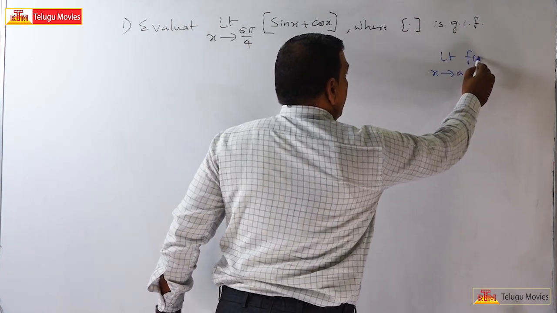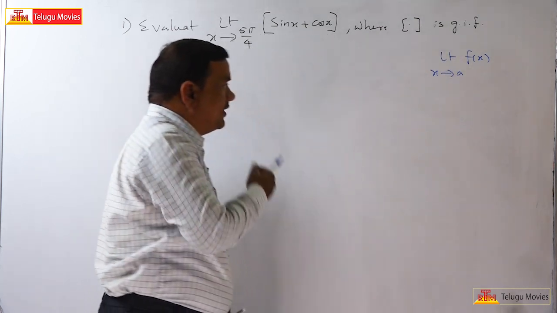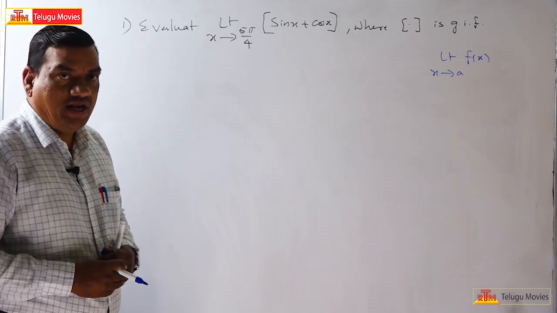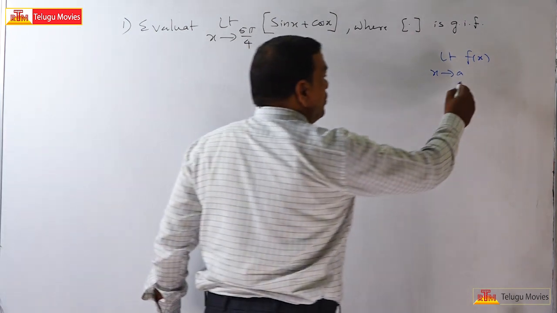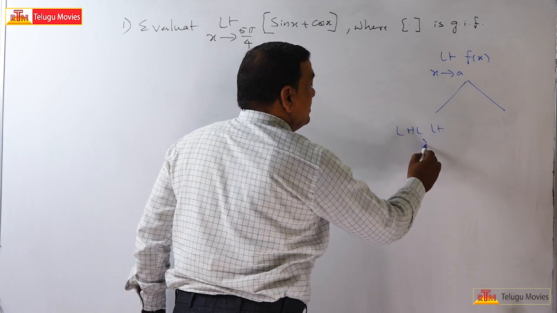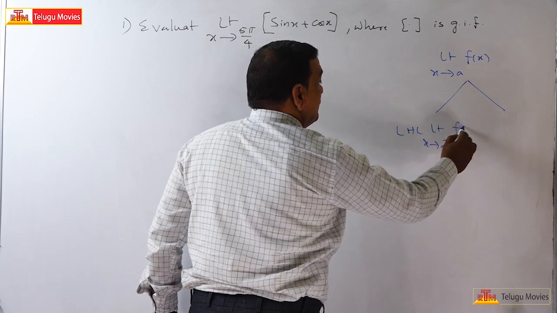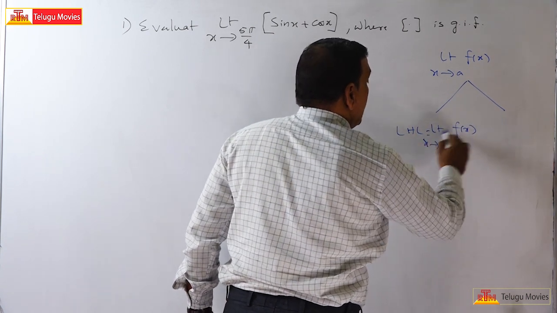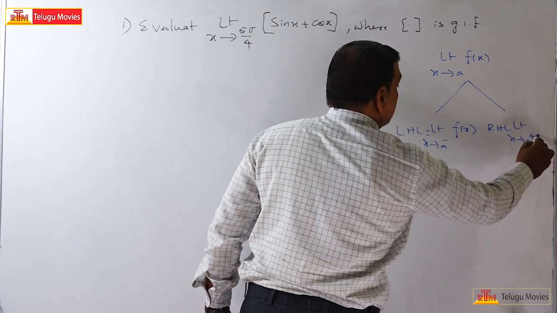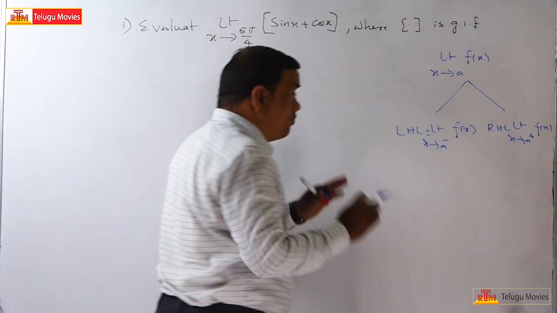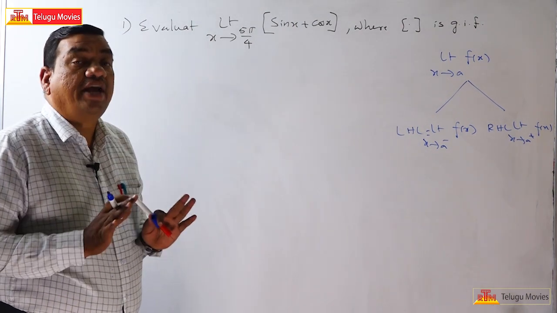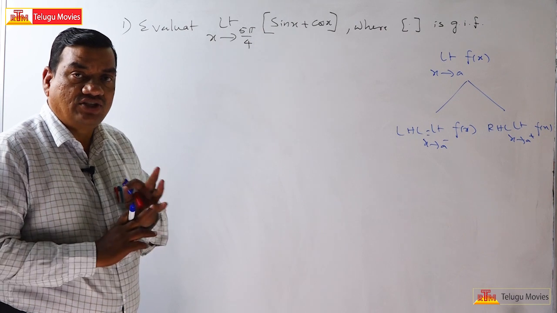as x tends to a, that means x approaches a, not exactly x is equal to a, it should be noted that both a left hand side limit, that is the limit as x tends to a minus of f of x, and a right hand side limit, as x tends to a plus of f of x, should exist. That is the first condition.